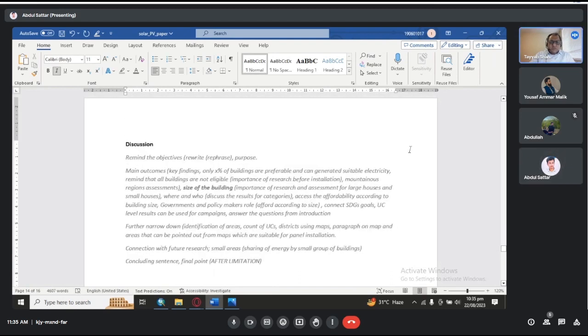Once you have started the writing, Abdullah and Nasir will further strengthen this section. They have to add new citations. We need a lot of citations here.